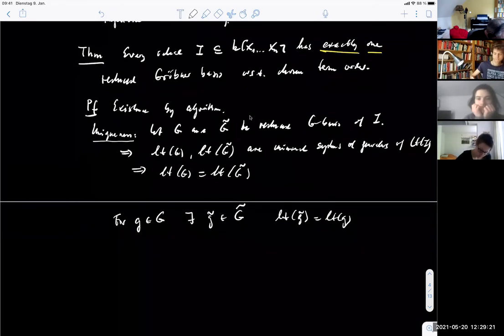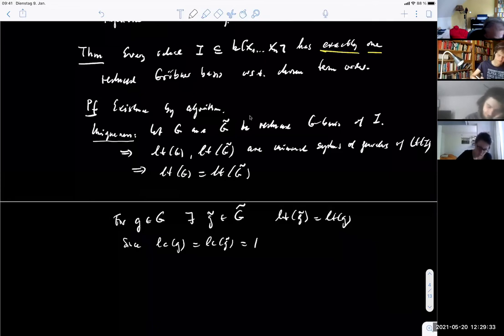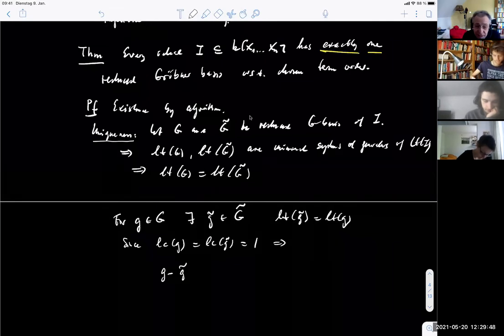Now I note that the leading coefficient of g and the leading coefficient of g twiddle are both 1, so they are equal because both are reduced Gröbner bases. So if I subtract, what happens? If I form g minus g twiddle, there is a cancellation.